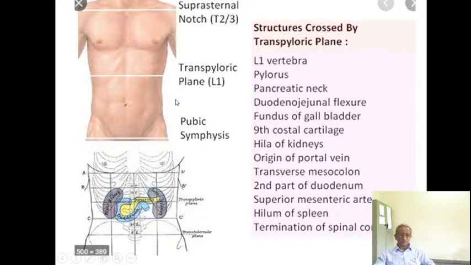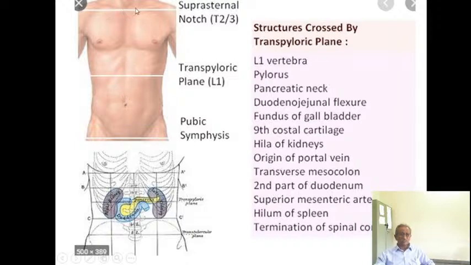The transpyloric plane is present midway between the suprasternal notch and the pubic symphysis. It is at the level of the L1 vertebra, or a hand's breadth beneath the xiphisternum, or midway on the line joining the xiphisternum and the umbilicus.